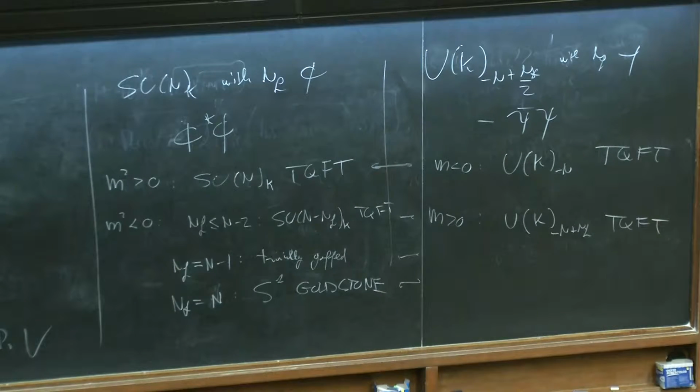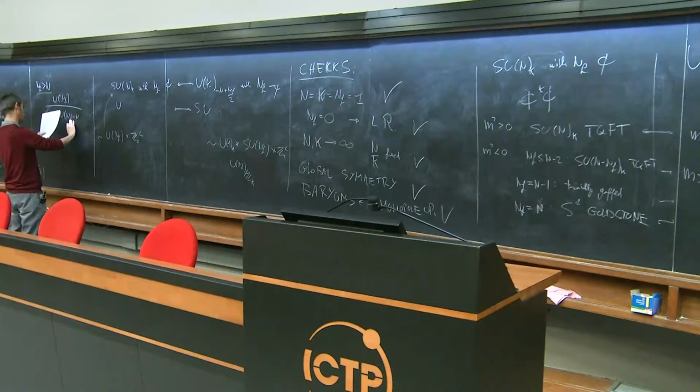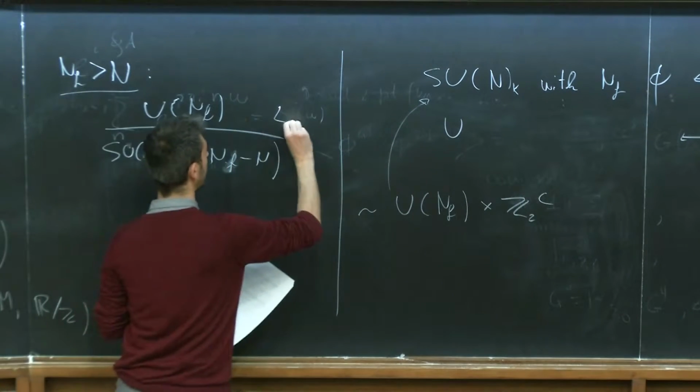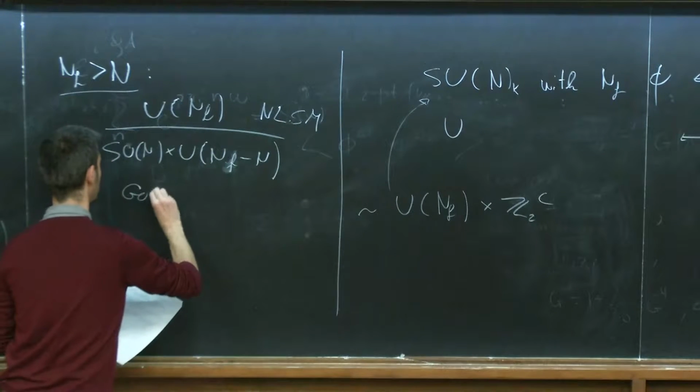You break it even more, so you have more Goldstone bosons. And in fact, they describe some nonlinear sigma model, which is the original global symmetry divided by the unbroken global symmetry, that you can convince yourself is given by the following. So this will be some nonlinear sigma model that describes the Goldstone bosons.